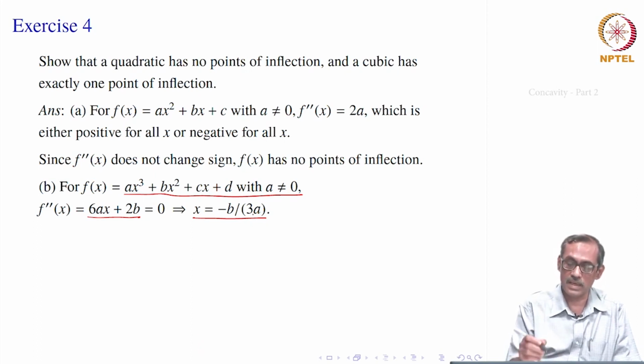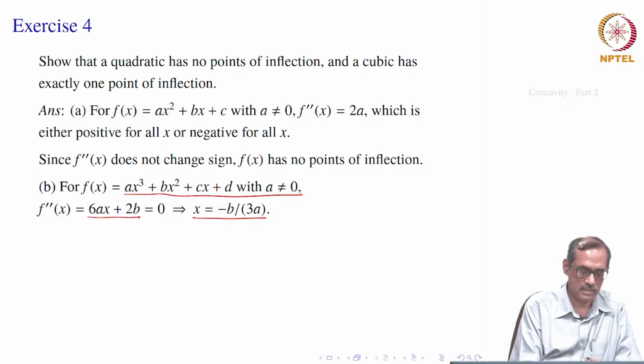But to show that there is exactly one, you must see that f double prime of x changes sign: it has a different sign for the points less than minus b by 3a than at the points bigger than minus b by 3a. That has to be checked.